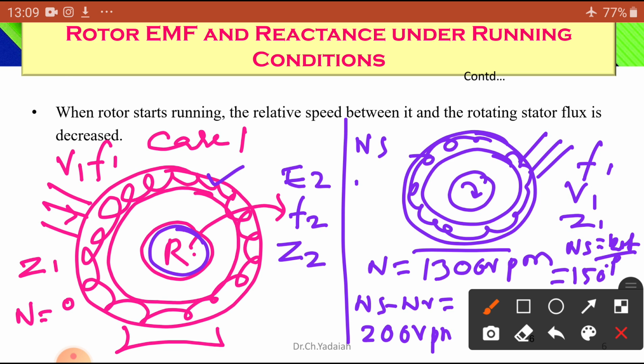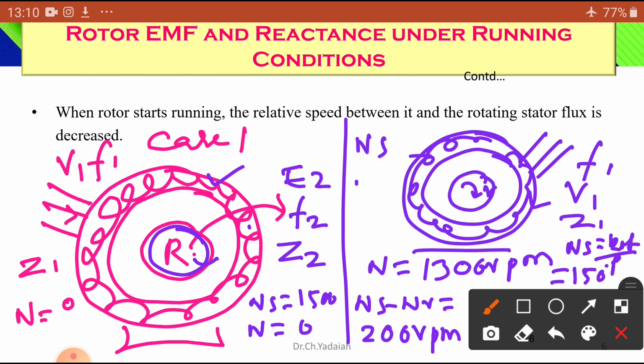This is the relative speed between our rotor conductors and the rotating magnetic field. Now in this case, what is the relative speed? Here ns is the same, 1500 rpm. What is the speed of the rotor? N is equal to 0.